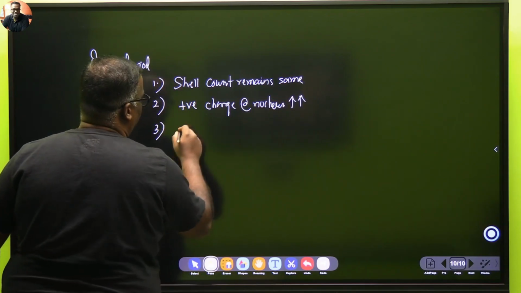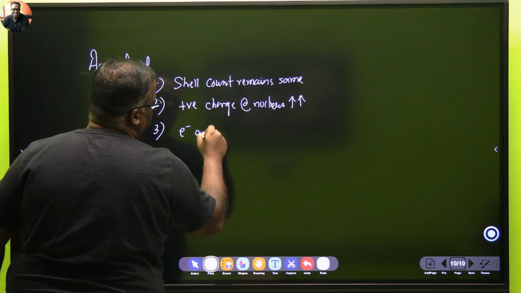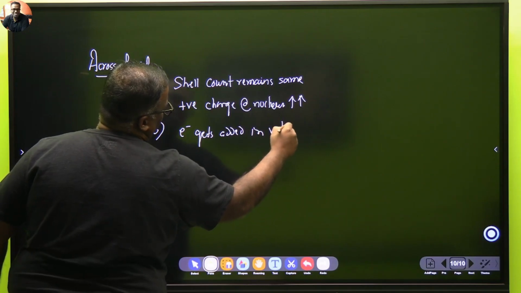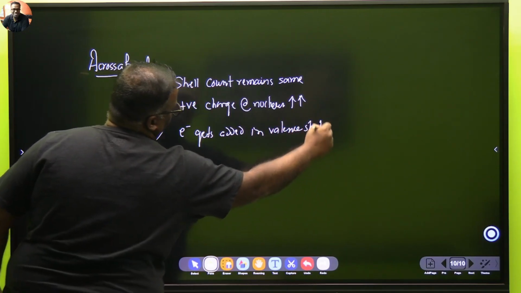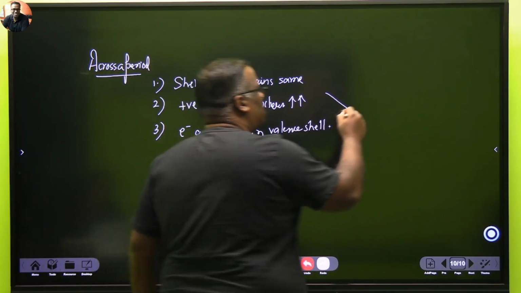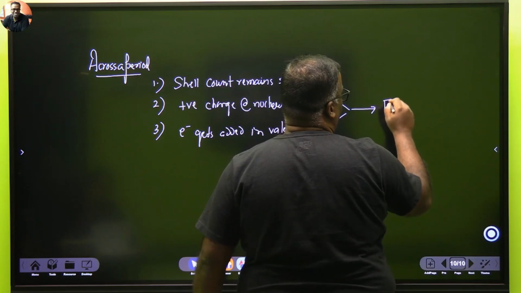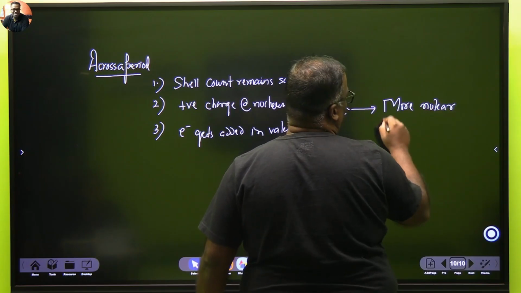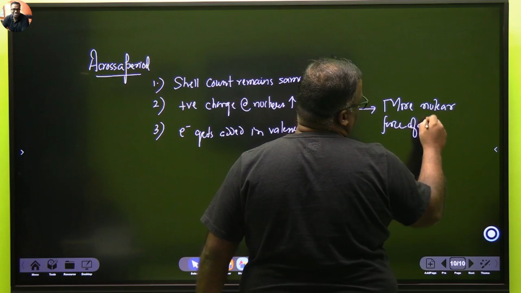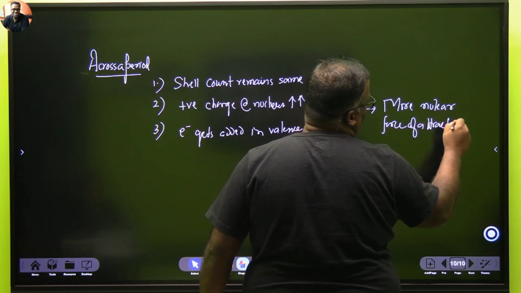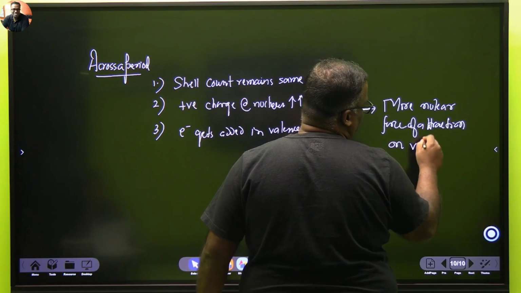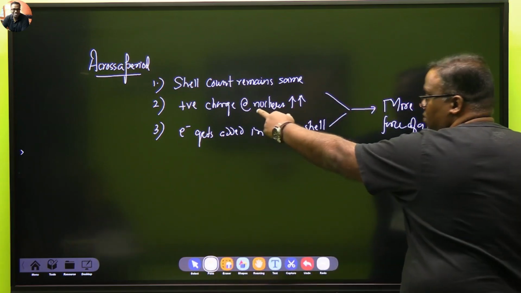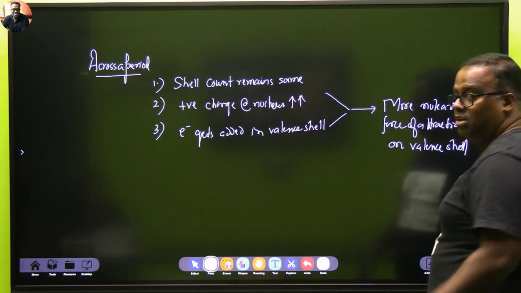And 3, electrons get added in the valence shell. These actually contribute to more nuclear force of attraction on the valence shell. Have you understood? As the positive charge increases, the outer charge also increases, and the force increases.